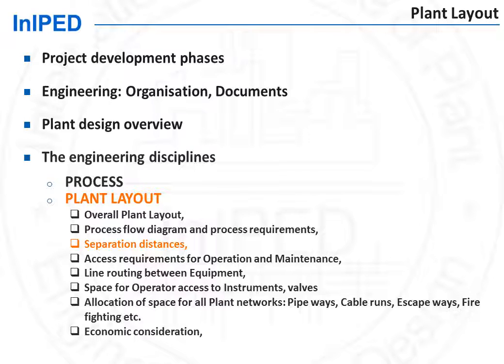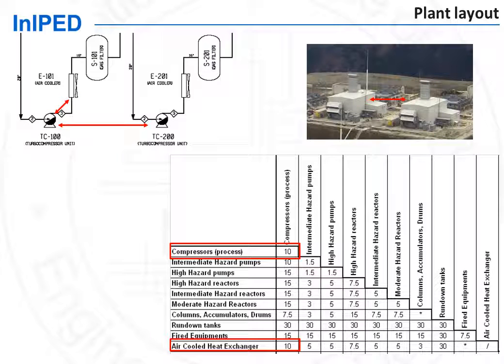Similarly to what was done for process units, separation distances are kept between high-risk process equipment. Only a few equipment are concerned. They include high-pressure pumps pumping flammable fluids at high pressure, high temperature, flammable gas compressors, and so on.